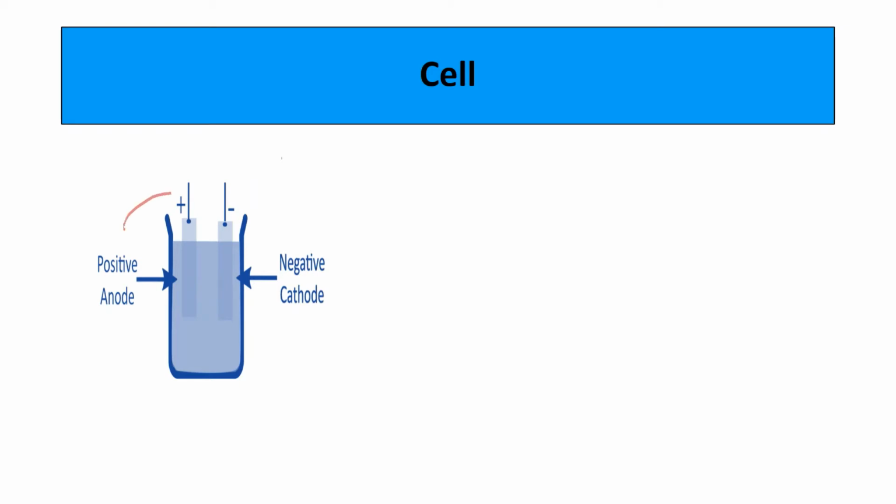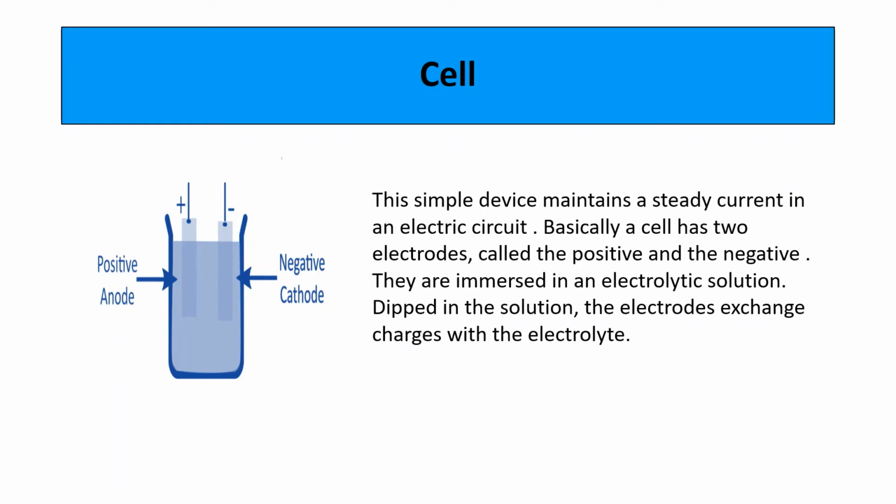As there is a potential difference between these electrodes, charges will flow. You can create a path by connecting a conducting wire. This electrolyte will provide the medium for the exchange of electrons between the cathode and the anode. This simple device maintains a steady current in an electric circuit.